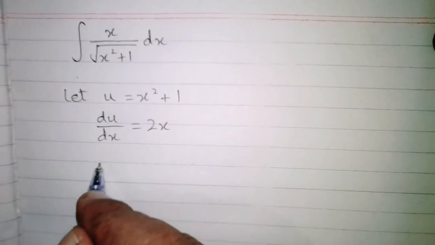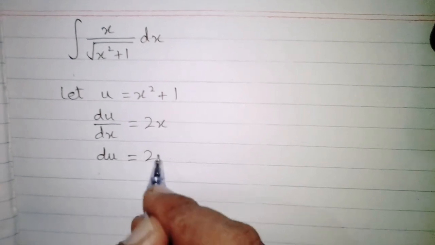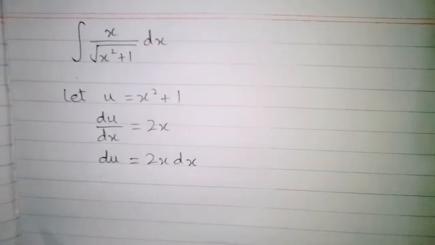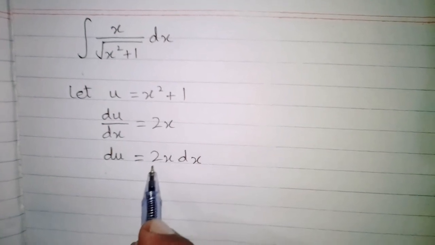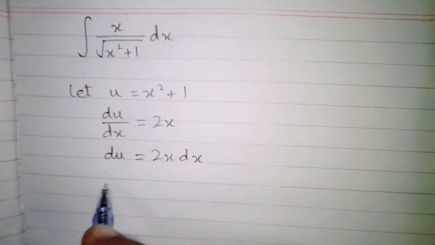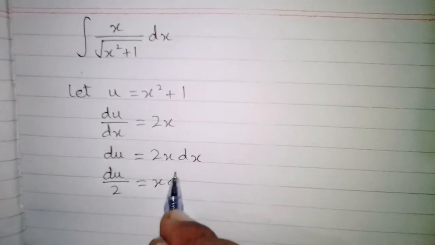Now we will have the differential du, which is equal to 2x times dx, and we can take this 2 on the other side. So we will have du upon 2 is equal to x dx.